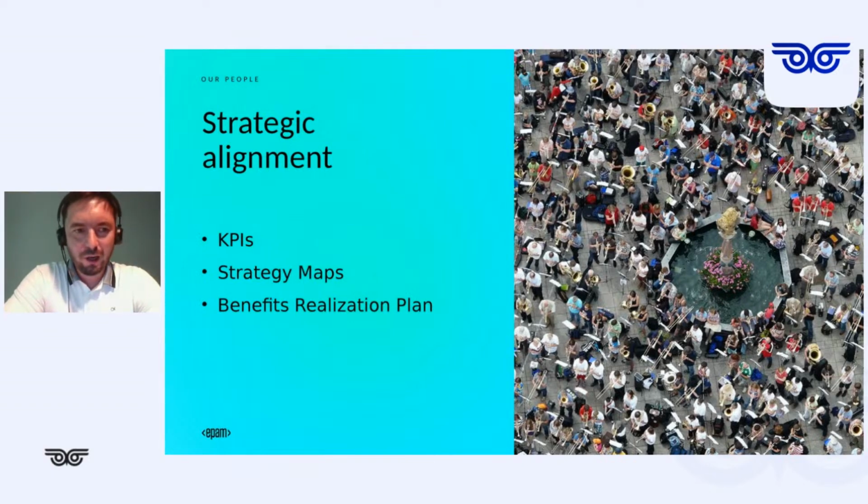For the strategic alignment, one of the things that have to be negotiated between the project manager, customer, business analyst, and probably the dev team, is the KPIs, the indicators which will show us how good we are, how successful we are.